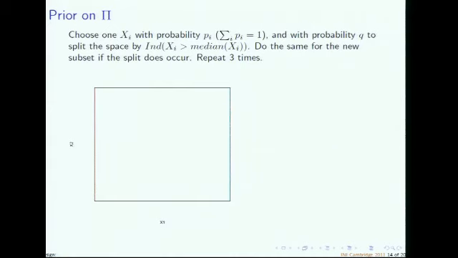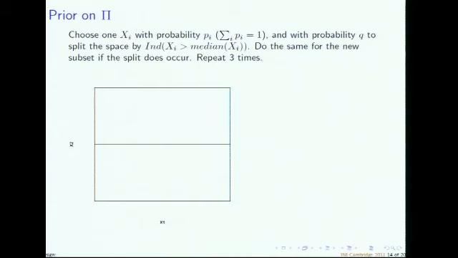And with another probability Q, you split the space of the biomarker X by cutting the Xi in the middle. In this case, I chose X2, and this is the median of X2. I cut it. The whole space becomes 2 subspaces. So that's my first cut. Now I have 2 subsets. I do the same.